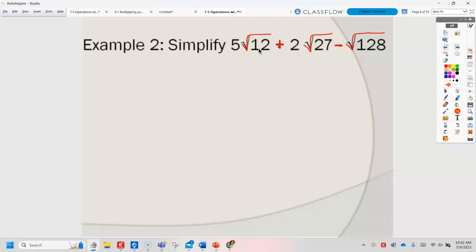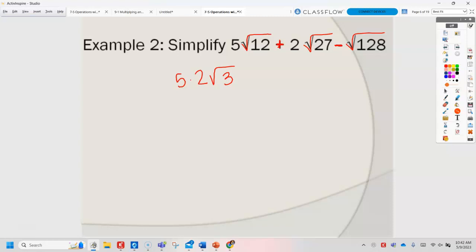Everyone shaking your head, yes. 12 divides by 4. The square root of 4 is 2. So then 5 square roots of 12 becomes 5 times 2 square roots of 3.